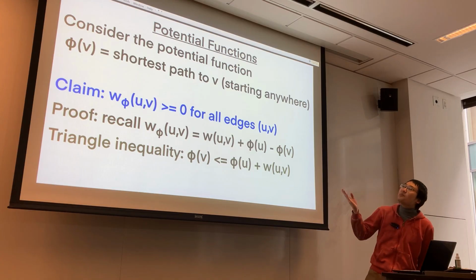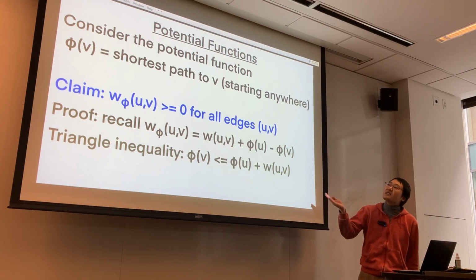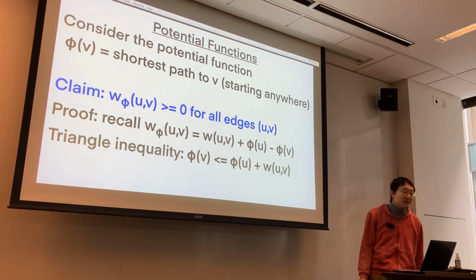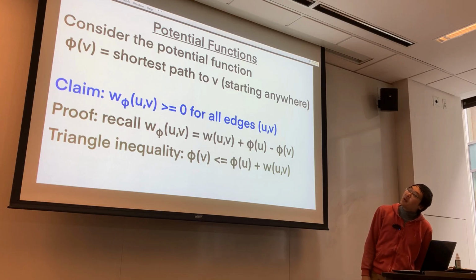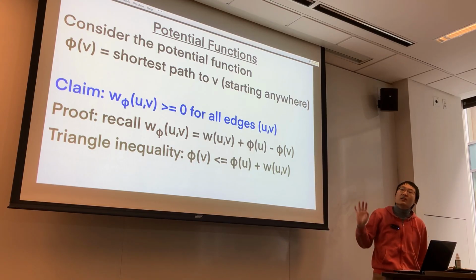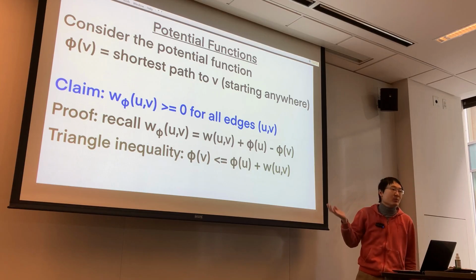Okay, so to understand this potential function better, let's prove some simple claims. The first claim is, suppose we set the potential function to just be the shortest path to V. You might ask, well, shortest path from which vertex?